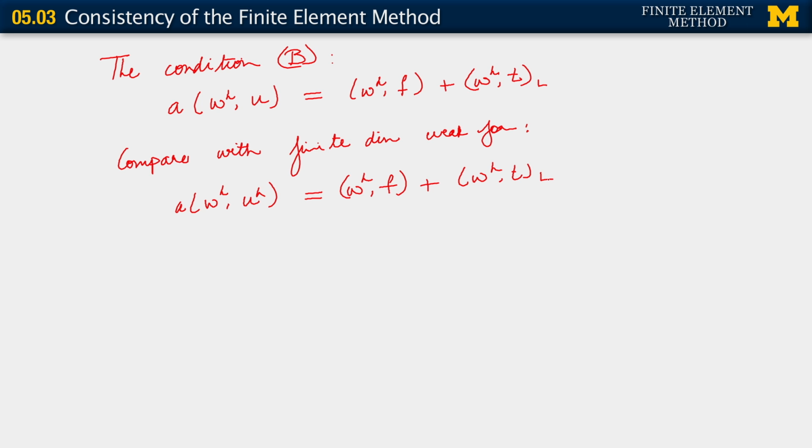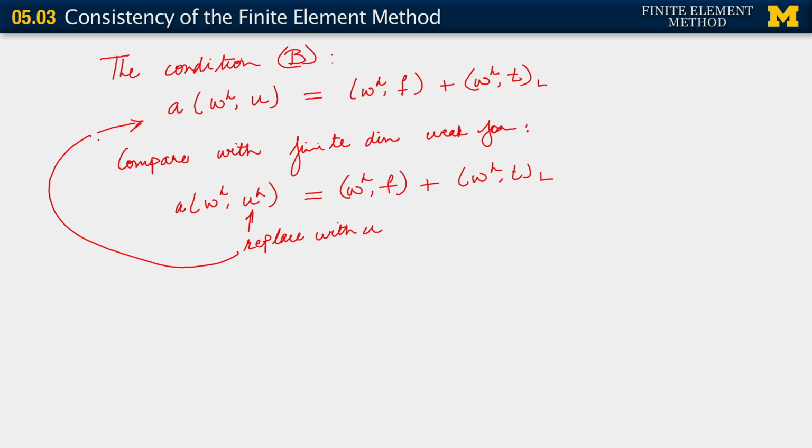Okay? So this is the equation we're actually solving to get UH. If you look at condition B, we can regard condition B as being obtained if we simply went to our finite dimensional weak form and replaced UH with U.